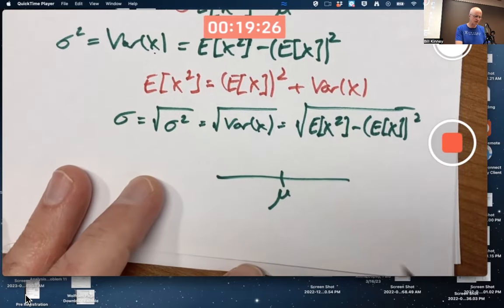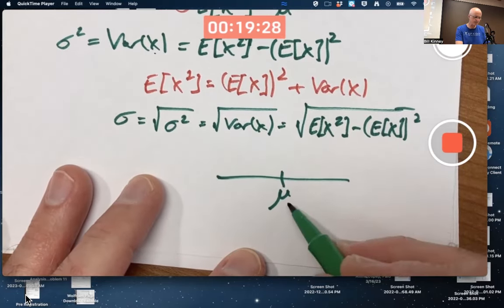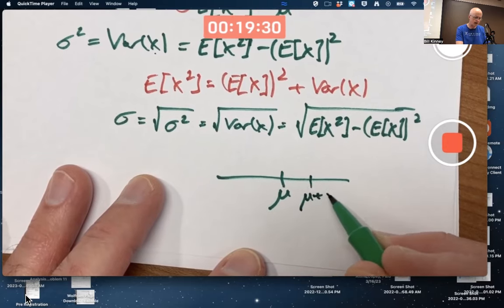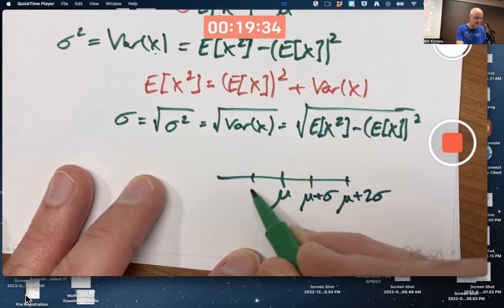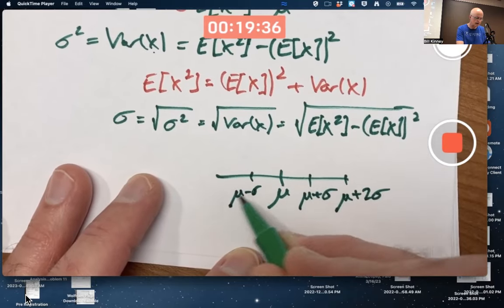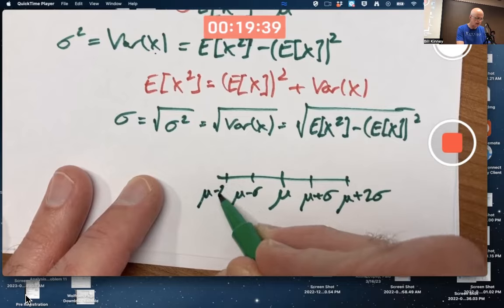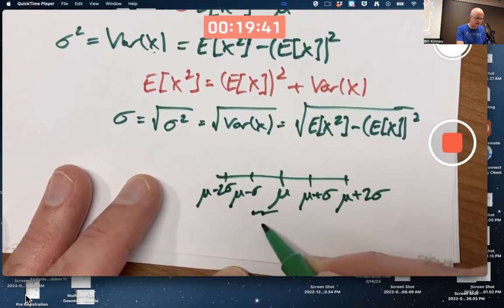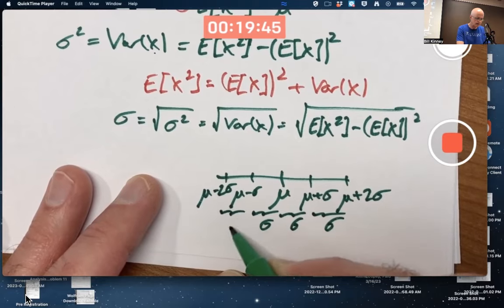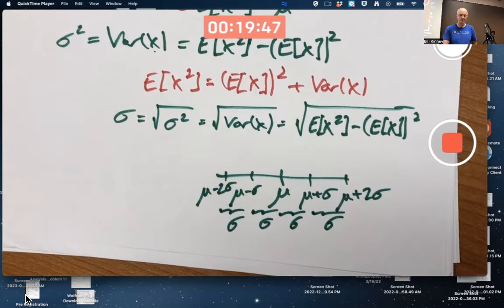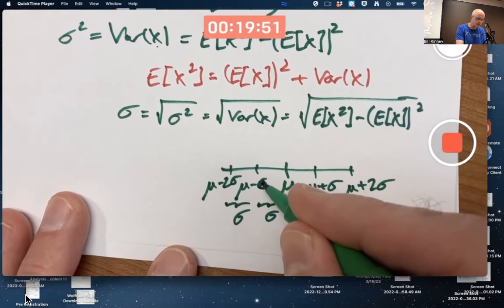And yes, there's the 2 standard deviation rule of thumb. Draw a number line here, mark off these numbers. Sigma is thought of as a distance here. Almost all the probability will be within 2 standard deviations of the mean.